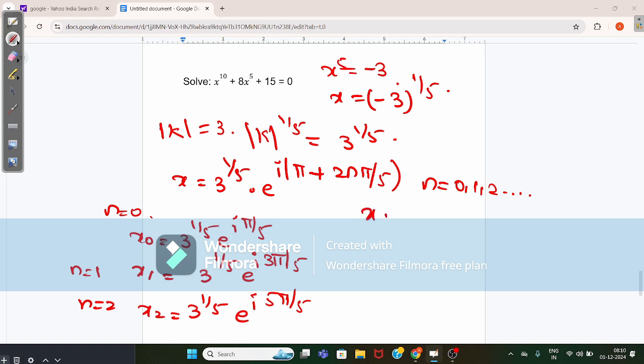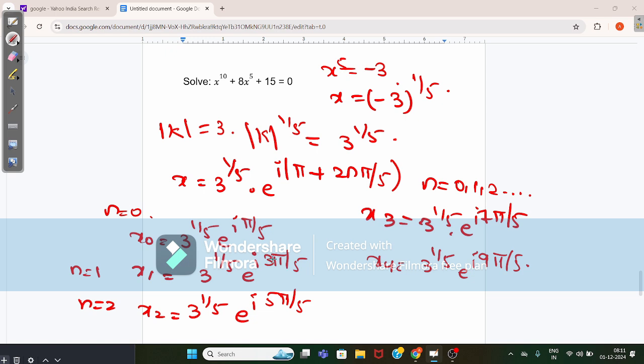And x3 value will be 3 power 1 by 5 into e power i 7 pi by 5. x4 value will be 3 power 1 by 5 e power i 9 pi by 5.